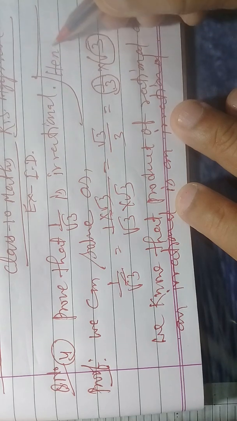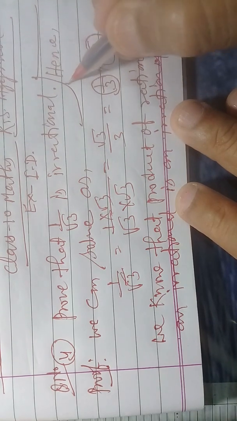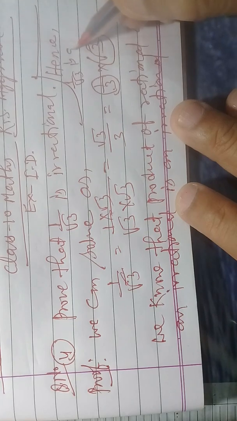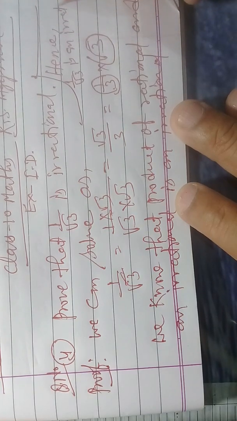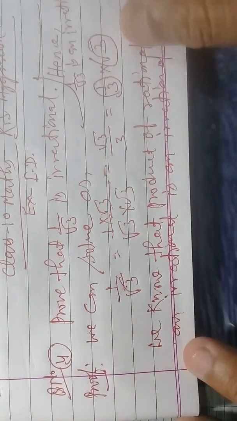Hence 1 by root 3 is an irrational. By second method, we can also solve it.